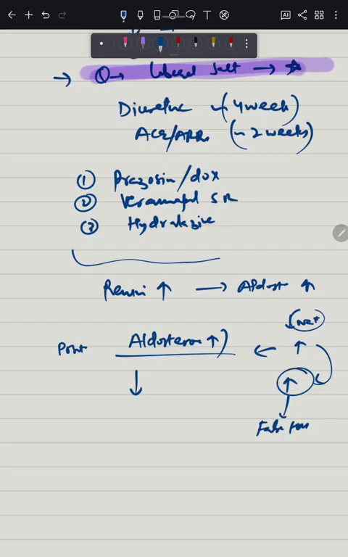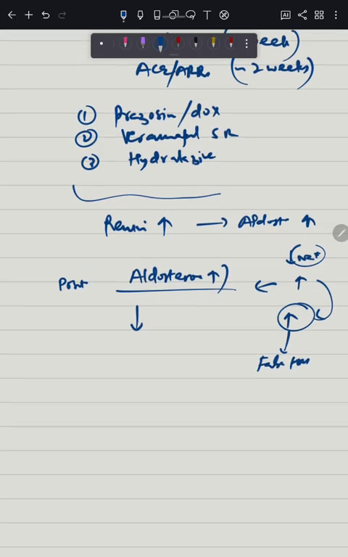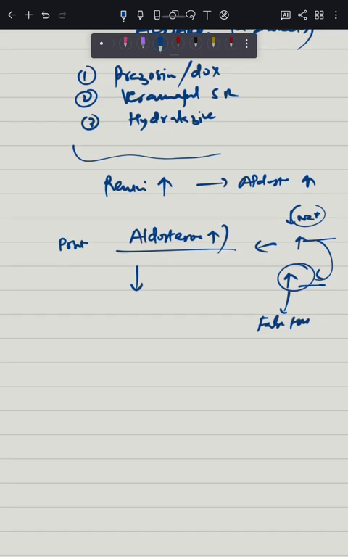You see, if you are running on a low salt diet, the body naturally tries to save salt. So renin goes up and aldosterone goes up too. So this can make a healthy person look like they have primary aldosteronism. That's false positive. So you see, a low salt diet means the kidney senses low volume. The kidney releases renin, and aldosterone also increases.